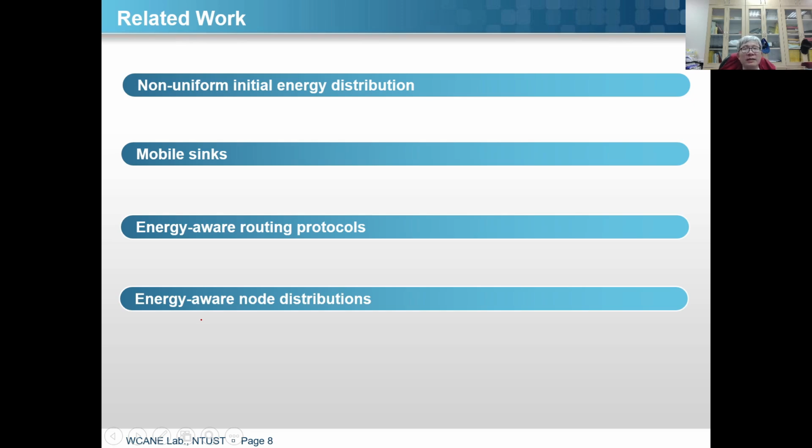To avoid unbalanced energy depletion, we can try to use a mobile sink. Because the sink can move, we don't always have the fixed sensor nodes surrounding the sink consume energy first. If we have a mobile sink, we can avoid those nodes surrounding the sink dying first. Another way to address the issue is to use energy-aware routing protocols and energy-aware node distributions.